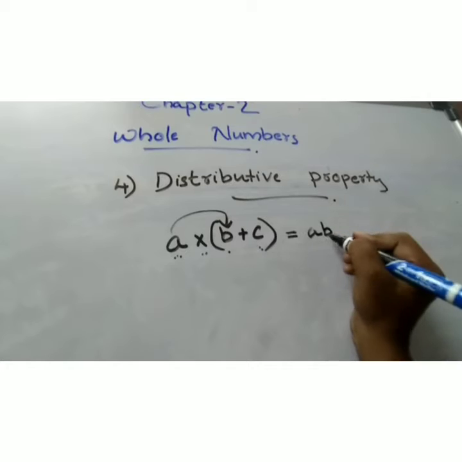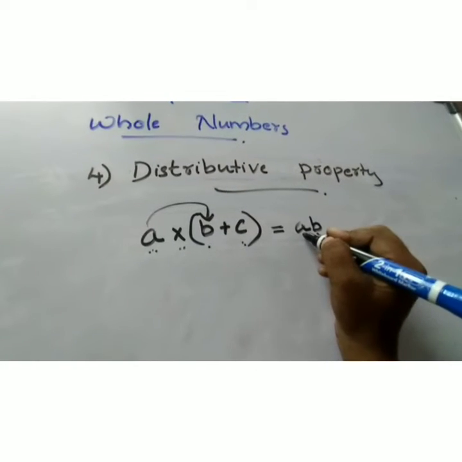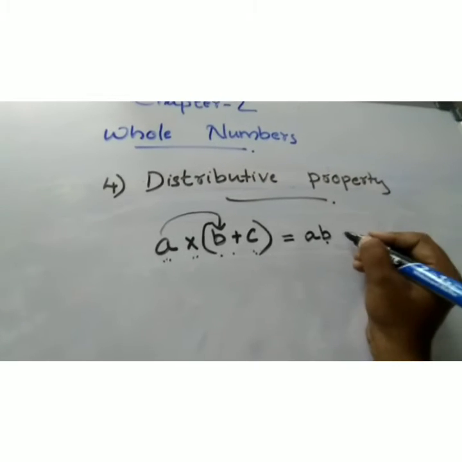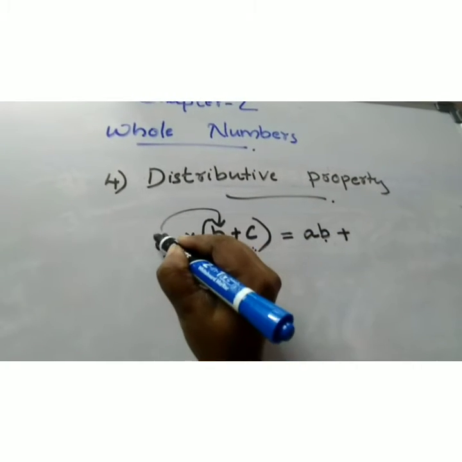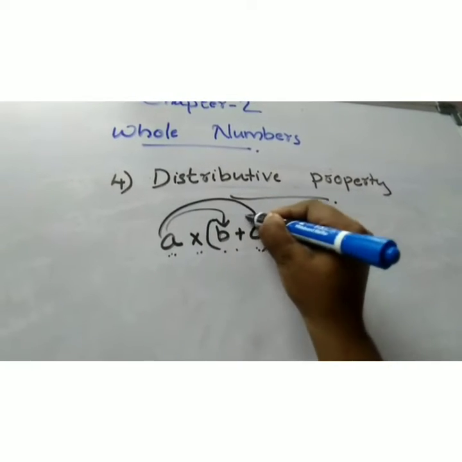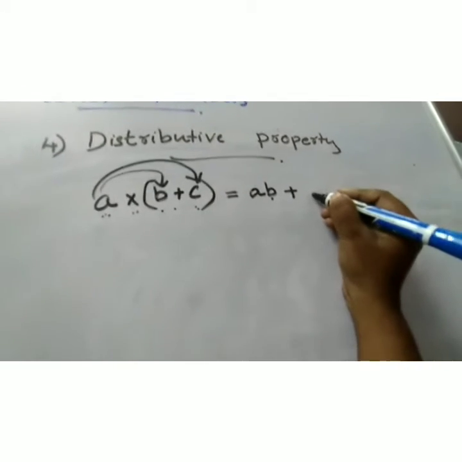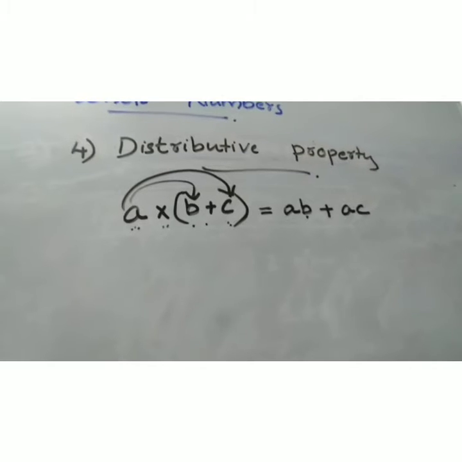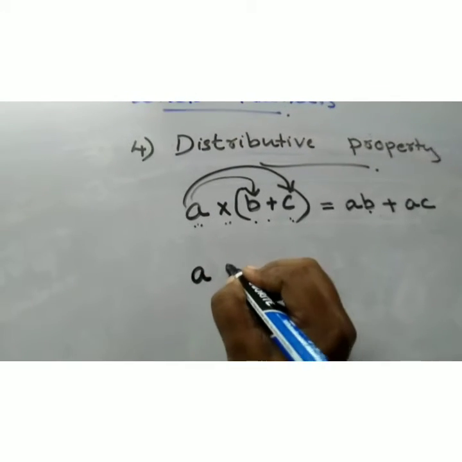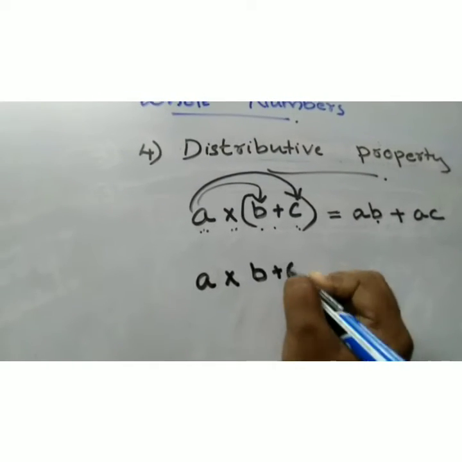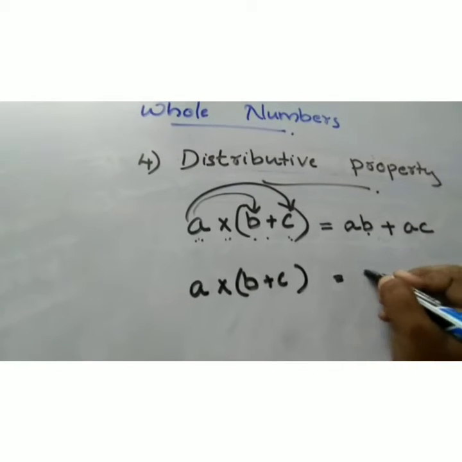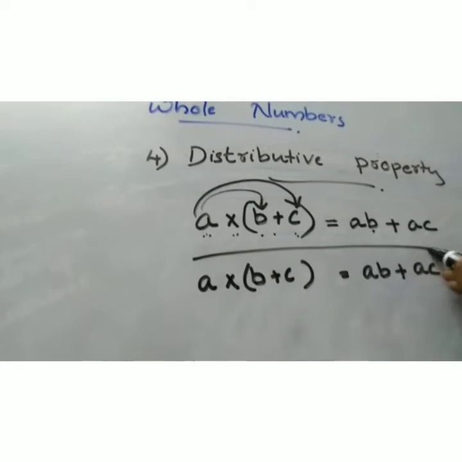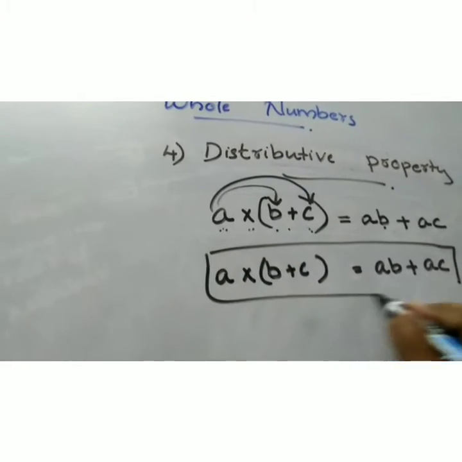AB means A into B. AB, A into B, then what's the sign? Plus. A into C. A into C. Okay, do all understand what you write? A into B plus C is equal to AB plus AC. This is the distributive property.